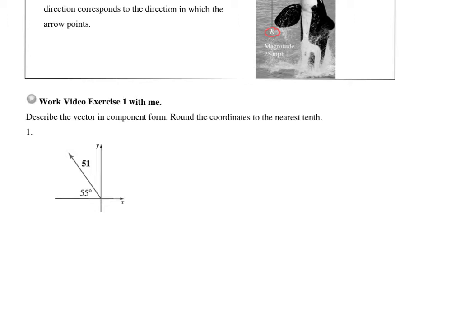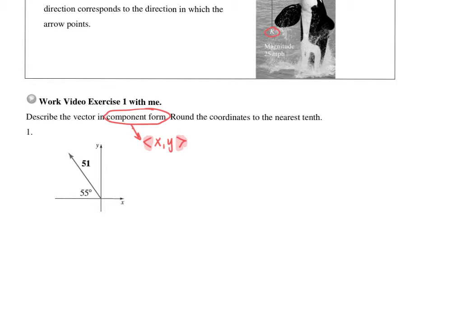So in component form, before we actually do this problem, component form is used to represent a vector, and you use this notation <x, y>, okay? And notice how it's these notations and not parentheses. If it was parentheses, it would be a point on the coordinate grid.